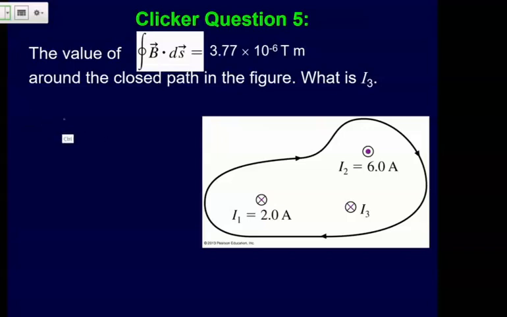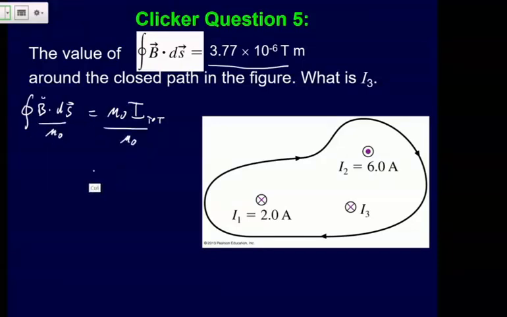Probably didn't have enough time to figure all this out, but hopefully you got enough to start thinking about it. So we'll use our B dot ds is equal to mu naught times the total current. So I can take this number and divide both sides by mu naught, and here I get my I total.